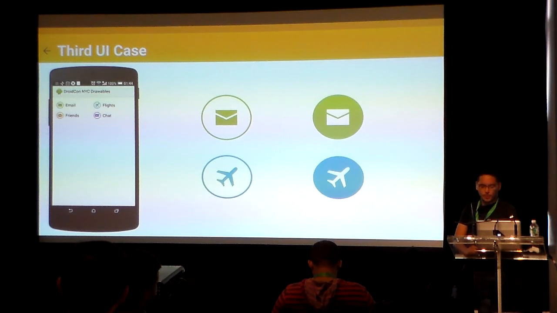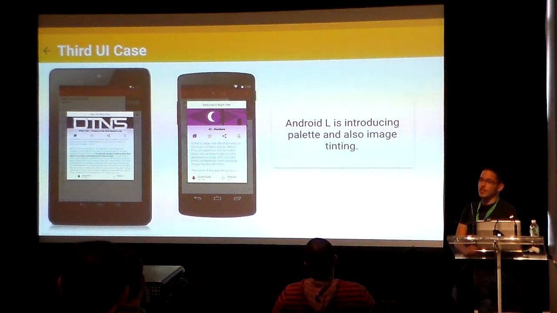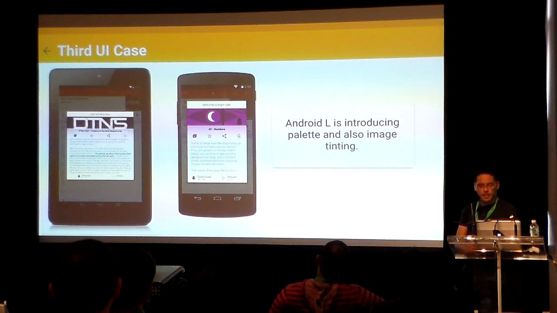So what can we do? Android L is introducing palette and also image tint. Like Kevin Grant said yesterday, there is a podcast application which is pretty nice. They change their icon colors depending on the podcast.